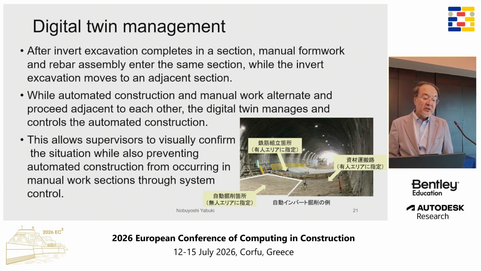So in the digital twin, the construction engineers remotely oversee the construction site, and there are 2 areas, a manned area and an unmanned area. In the unmanned area, an autonomous automated backhoe performs the invert excavation. In the manned area, the reinforcing work and other construction work are underway.